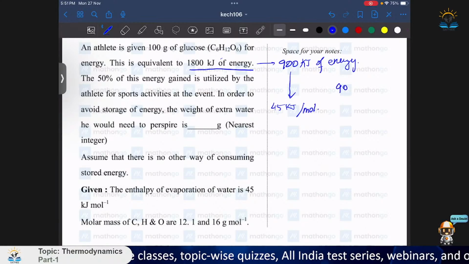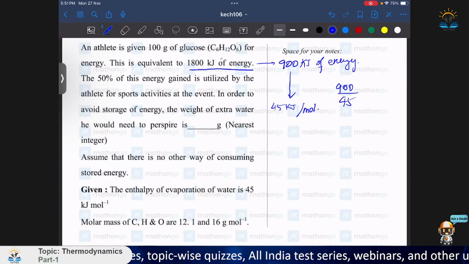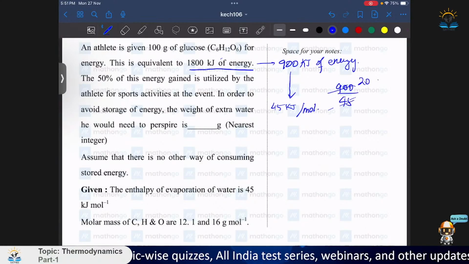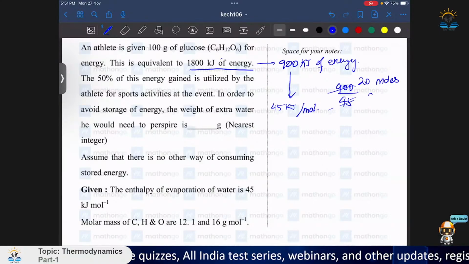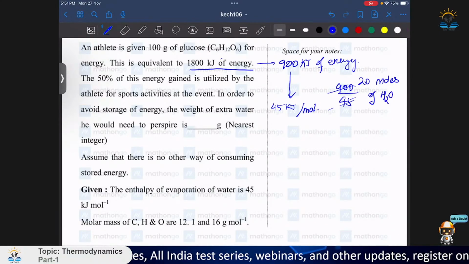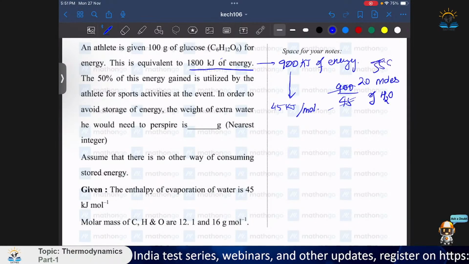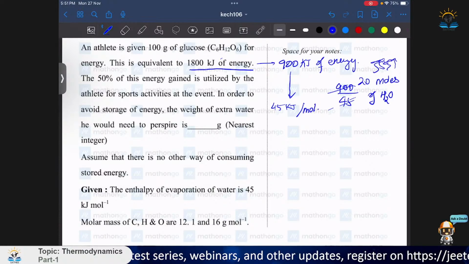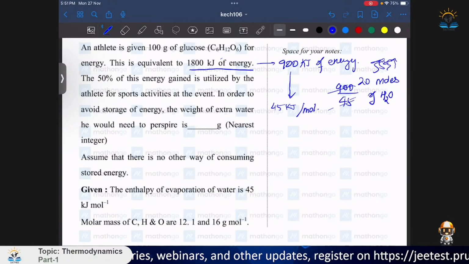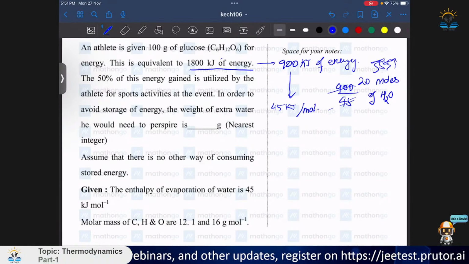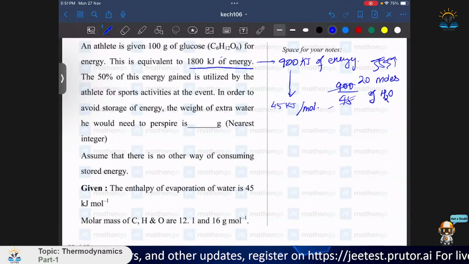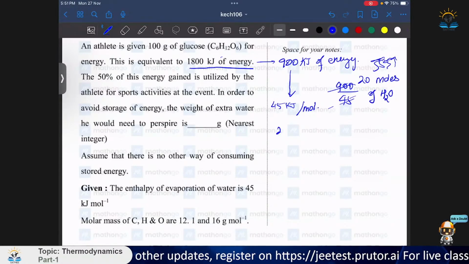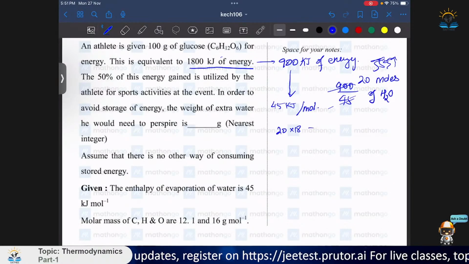We just divide 900 by 45, which is 20 moles of water he needs to perspire. And the weight of 1 mole of water is 18 gram, so 20 into 18.